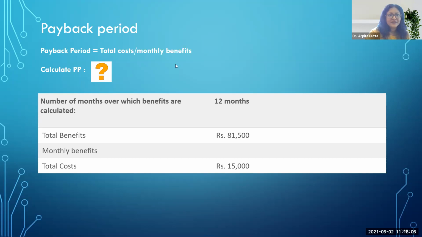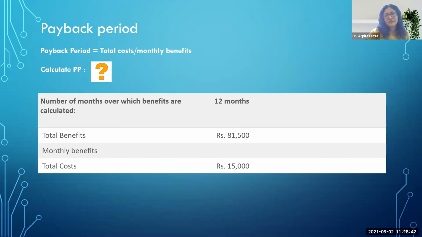So I've given an example here. Payback period is total cost divided by monthly benefit. The number of months over which benefits are calculated is, of course, in a year, 12 months. Total benefits, in the example here, is 81,500. So what is the monthly benefit? A simple calculation: total benefit is 81,500, total number of months is 12.